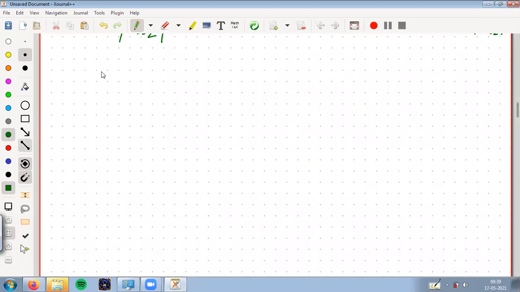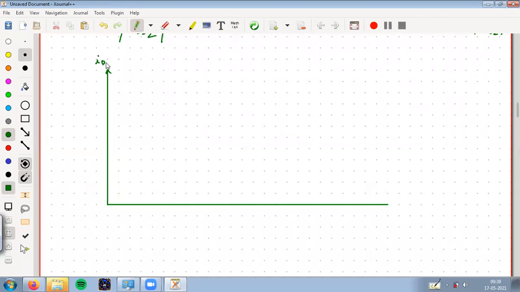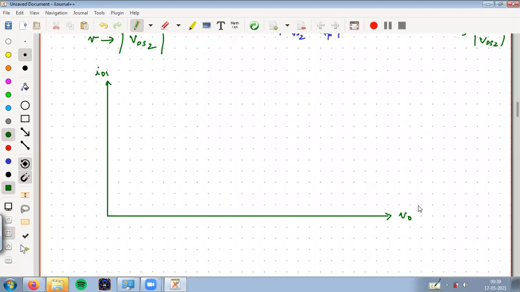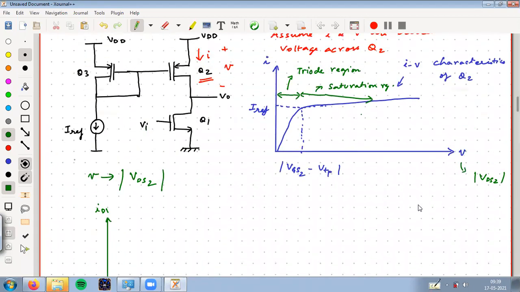I'll call this ID1, and this I will call V0. Remember, if you look at the diagram, V0 is the drain source voltage of Q1, and this current I will call ID1.